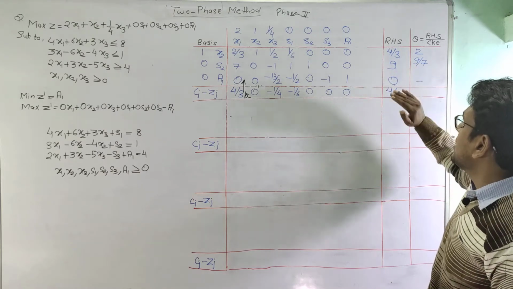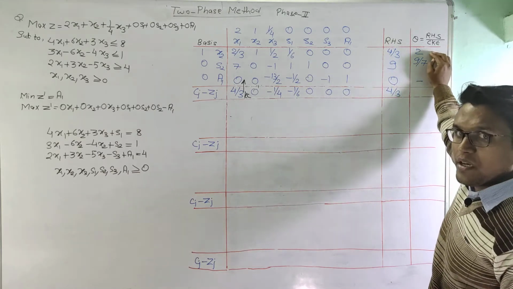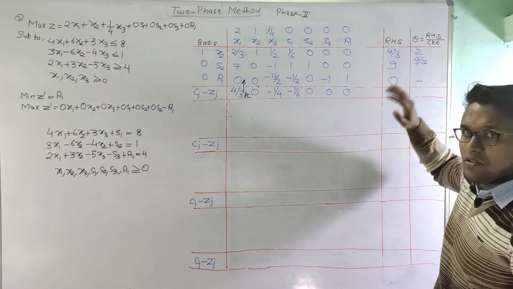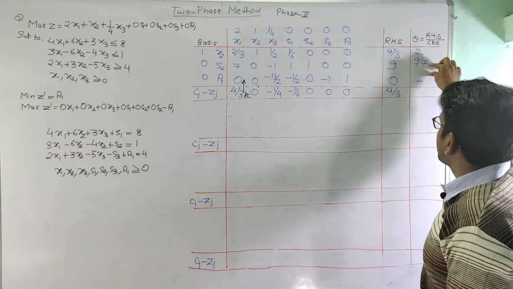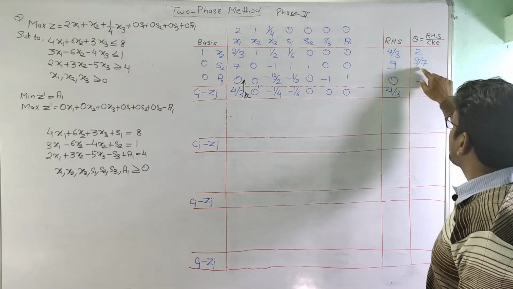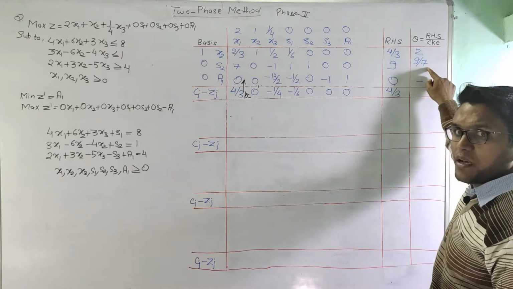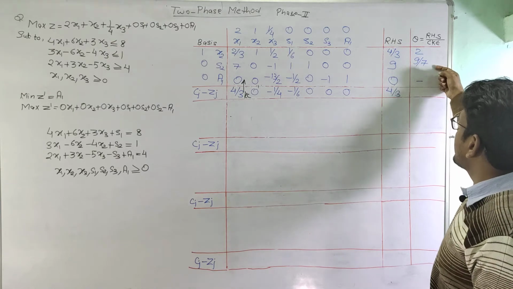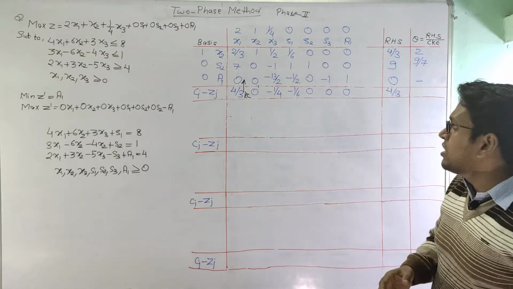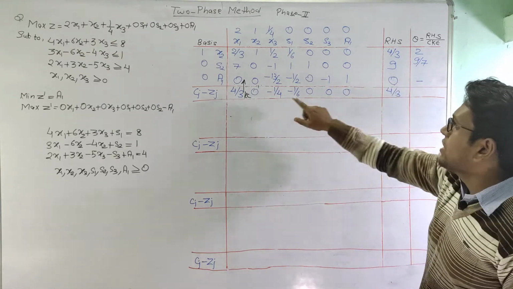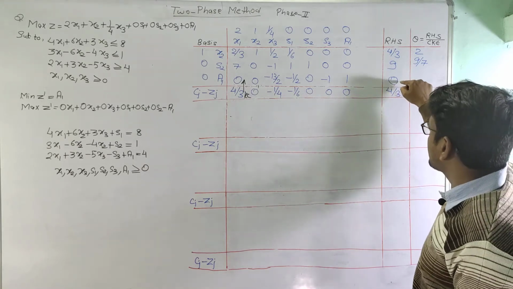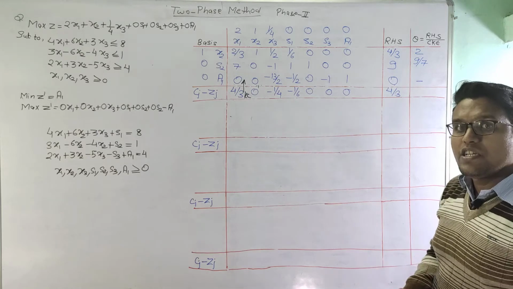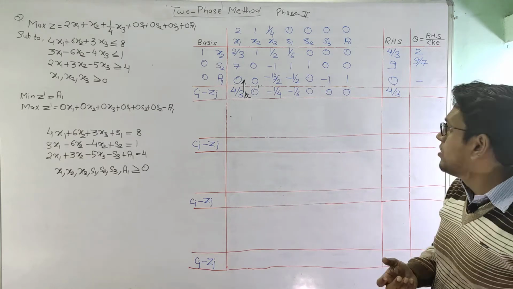If this was happening, then we will not follow this particular rule. Okay, I'll say again what I've said: after selecting among these two, suppose 9/7 is the minimum positive value, before selecting it we need to ensure that the right hand side value of artificial variable a1, that means this 0, will not change into any positive value.